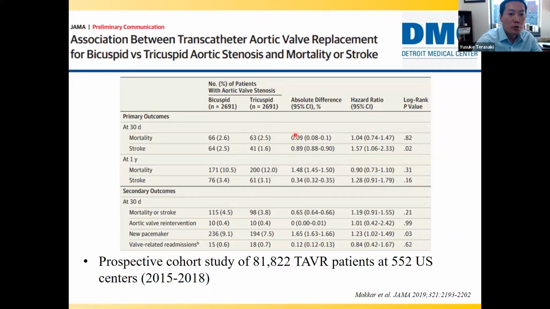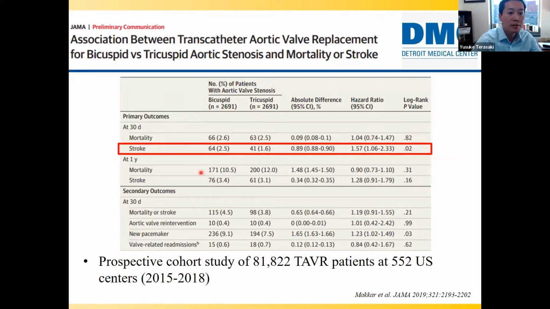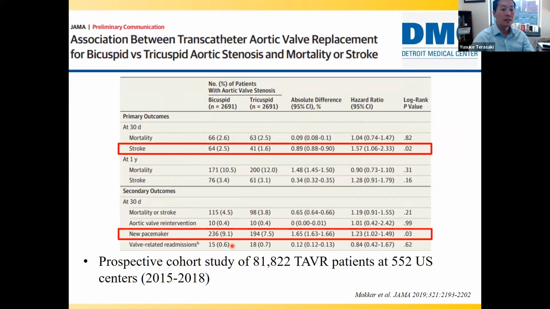What they showed was that although there was no significant difference in mortality between TAVRs in bicuspids and tricuspids, there was a significant difference in stroke rates in the bicuspids over tricuspids. And within the secondary outcomes, there were a significant number of pacemaker placements in bicuspids over tricuspids. So these concerns are real.